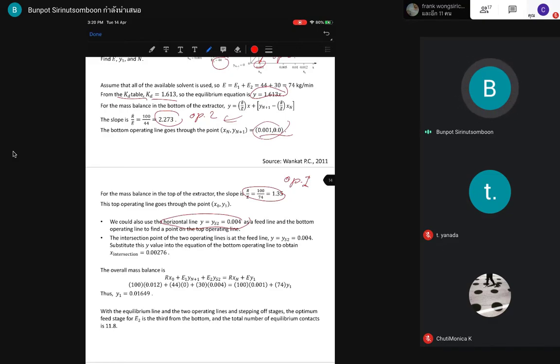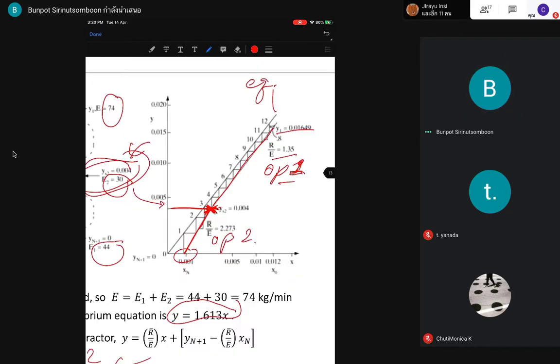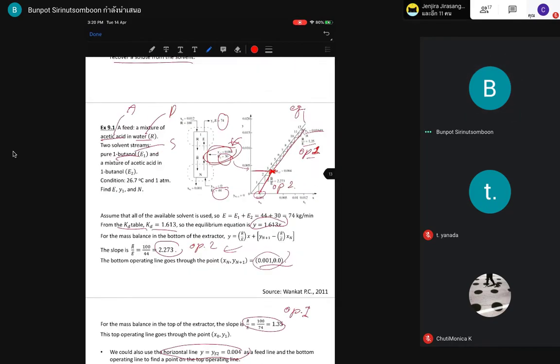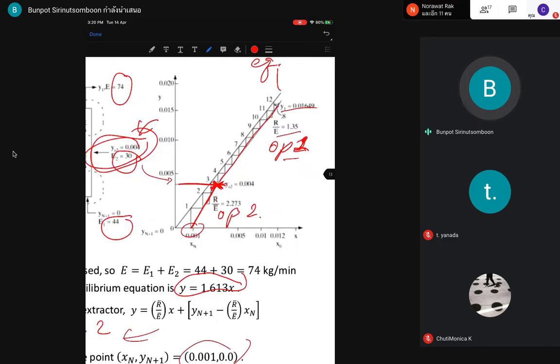You can also use the overall mass balance to find y1, to find this point here. Basically there are two ways to draw this line.